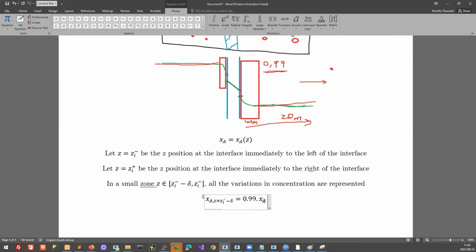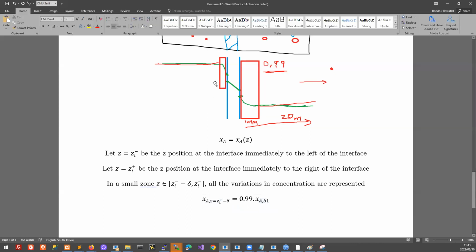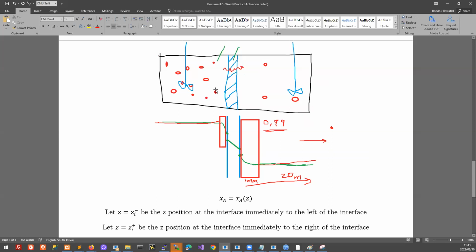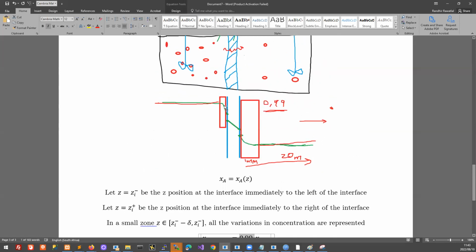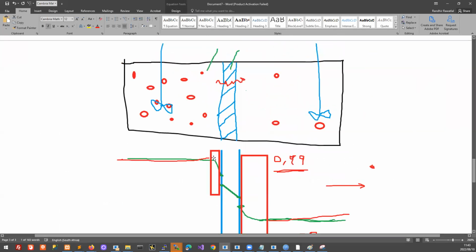So it's XA in the bulk in the first cell. So there's the first cell. There exists some bulk concentration in here. So maybe that's 0.8. So that 0.8 times 0.99.